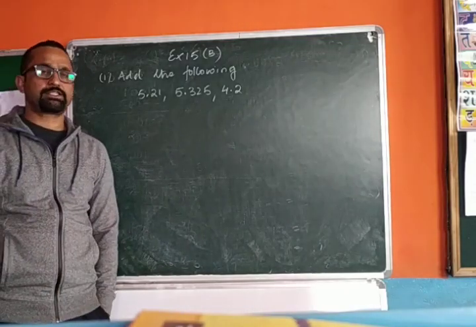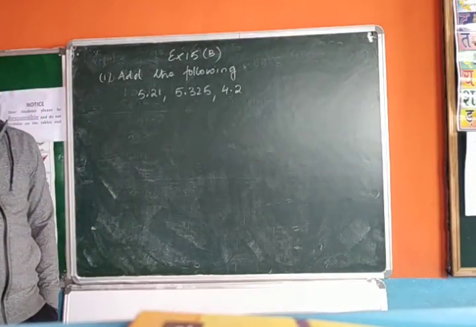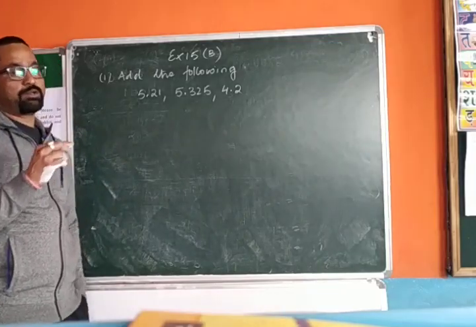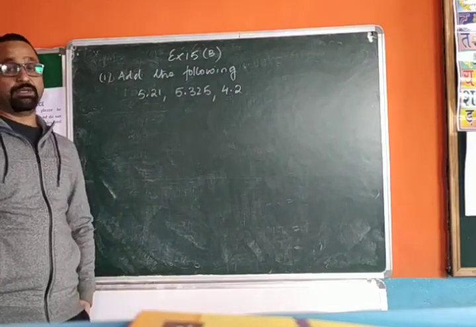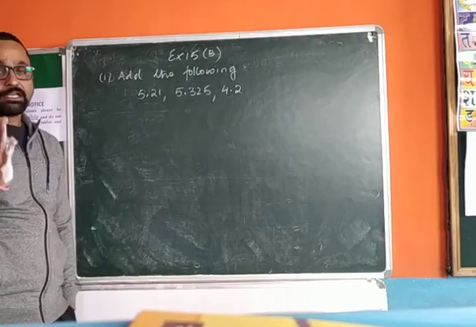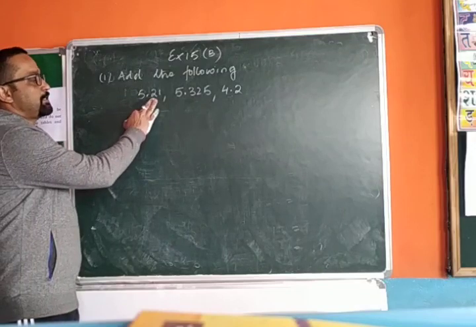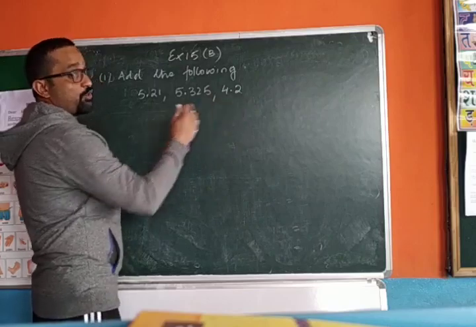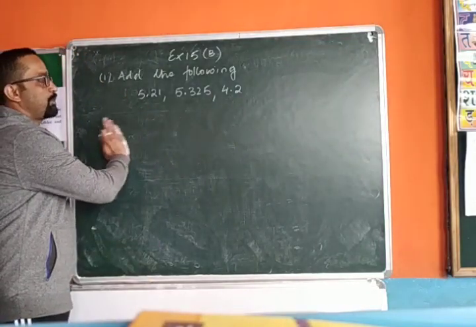And addition is similar to the addition of whole numbers, natural numbers. But one thing you must remember, you need to convert all these given decimal fractions into like fractions. They are unlike, because after the decimal you have 2 places, after the decimal you have 3 places, after the decimal you have only 1 place. So look at the calculation part.